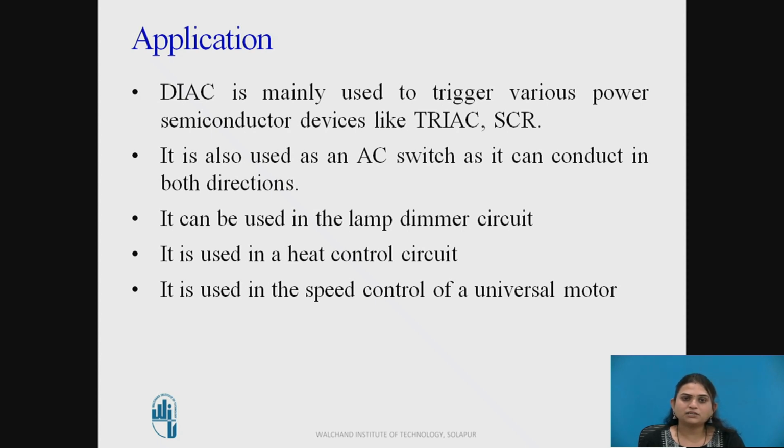It can be used in the lamp dimmer circuit, where we can vary the AC phase. In that case, the DIAC is used as a trigger for the TRIAC. As the DIAC is triggered, the TRIAC will be triggered, and according to that we get the output. Also DIAC is used in heat control circuits and in the speed control of universal motors.